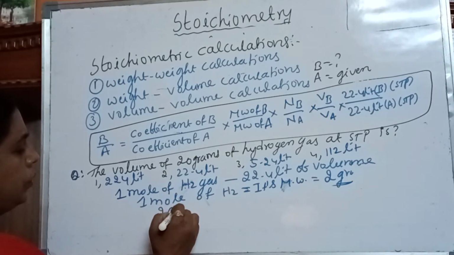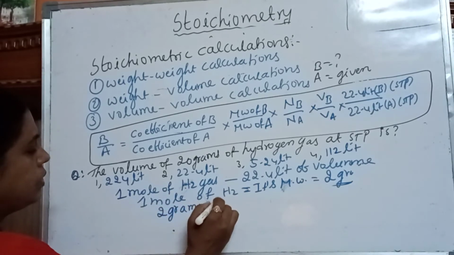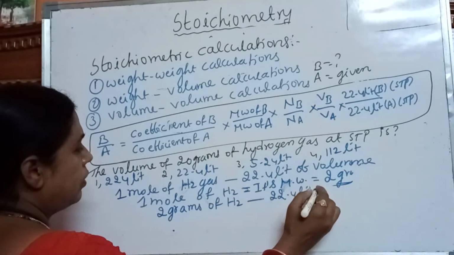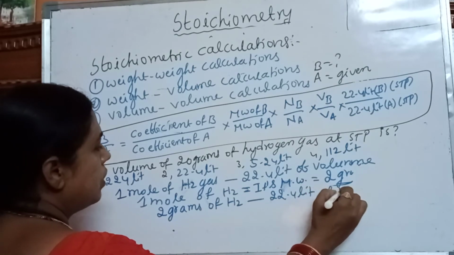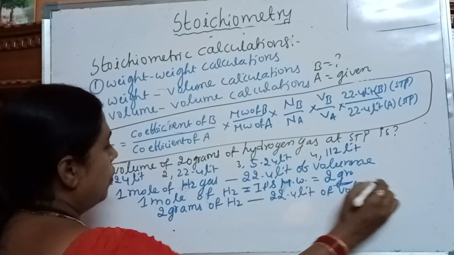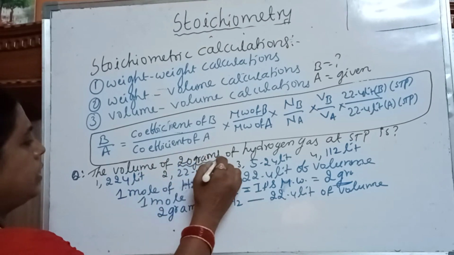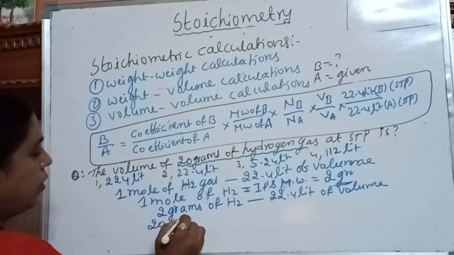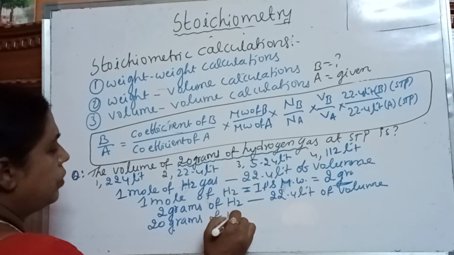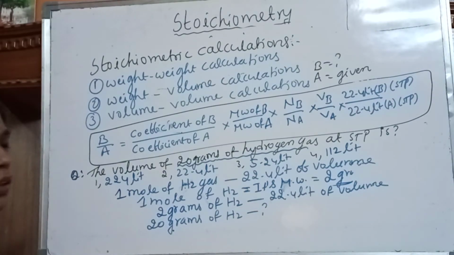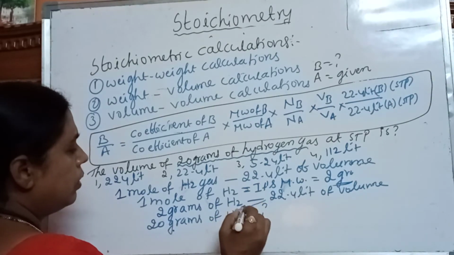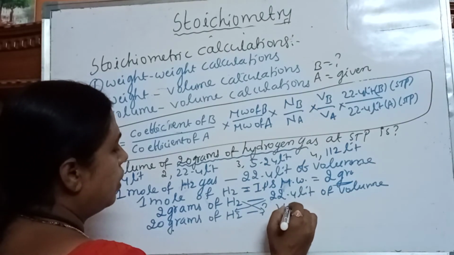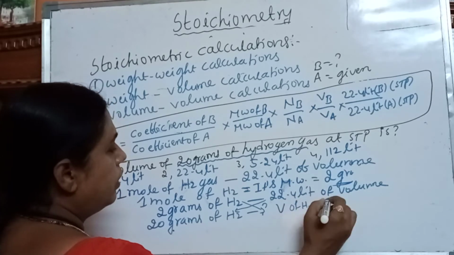From this data, we know that 2 grams of H2 gas occupies 22.4 liters of volume. In the problem, how much weight is given? 20 grams. For 20 grams of H2, how much? So therefore, V of H2 is equal to how much here?